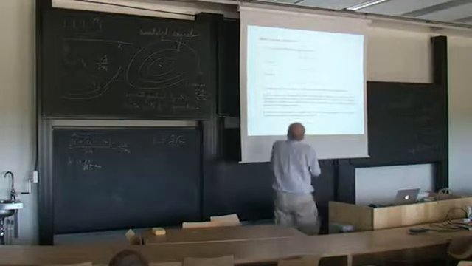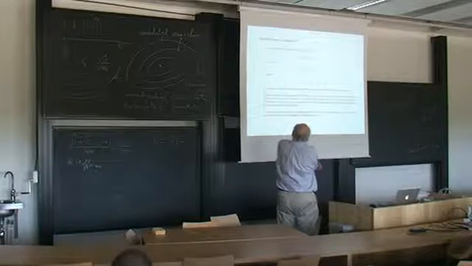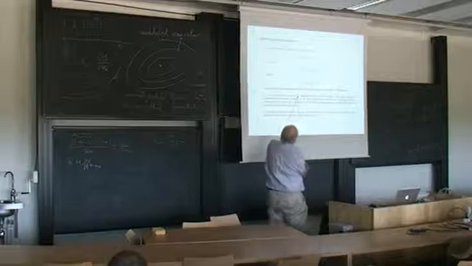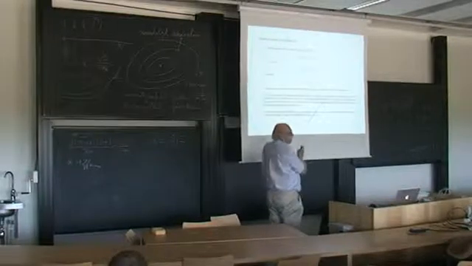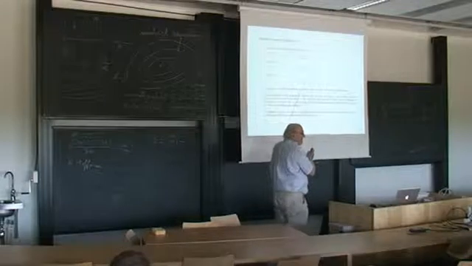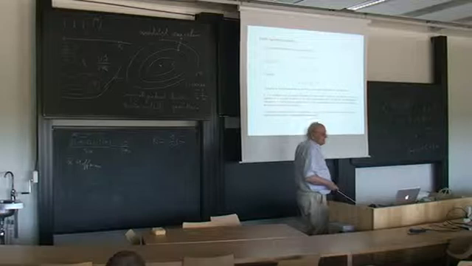Now there is one thing. If G is nonlinear, then the local Jacobian G prime depends on the local value of the input U. The derivative of a nonlinear function depends on the local value of the variable.